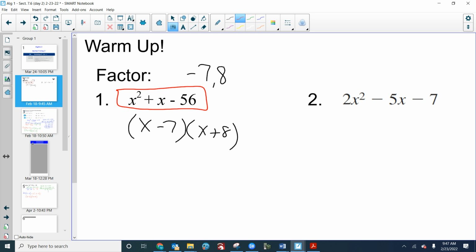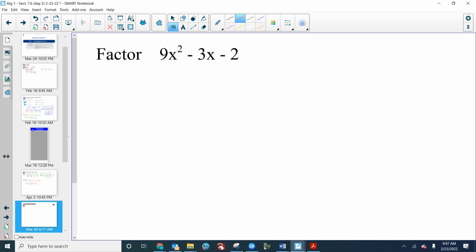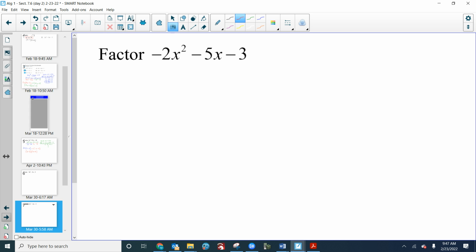All right. Turn your paper over, my friends. Is this one on top? Okay. What is different about all the ones we've done up to this point compared to this one? It's all negative.